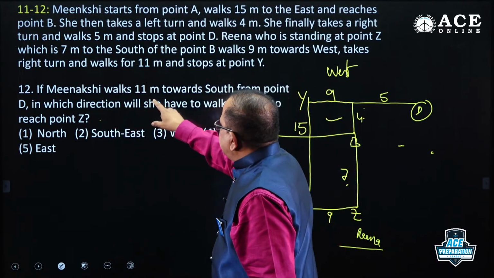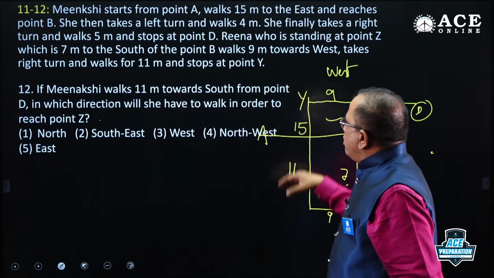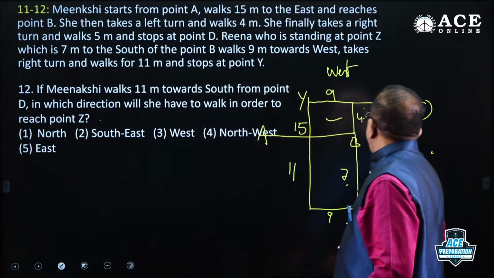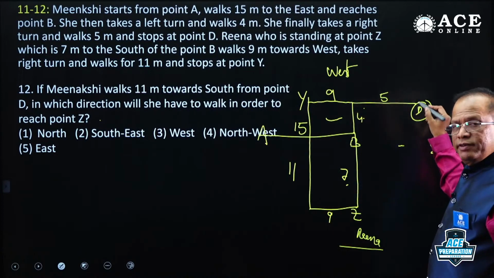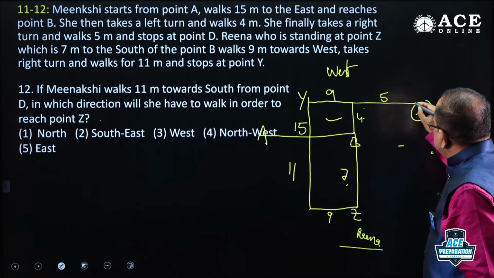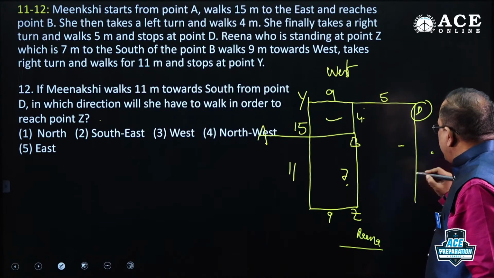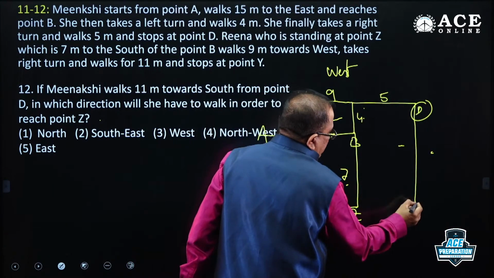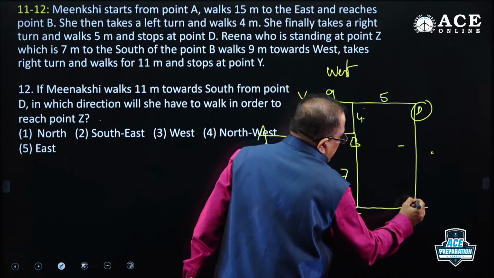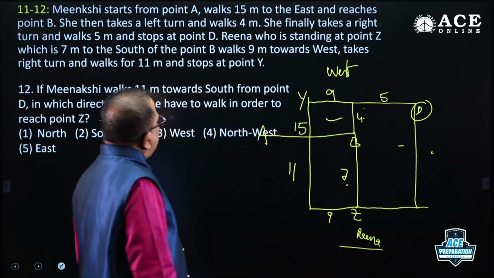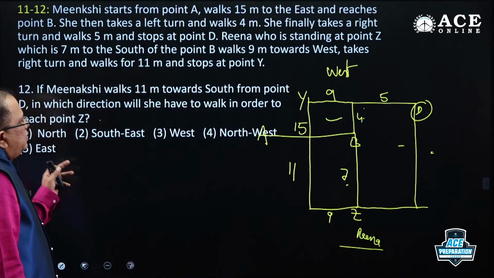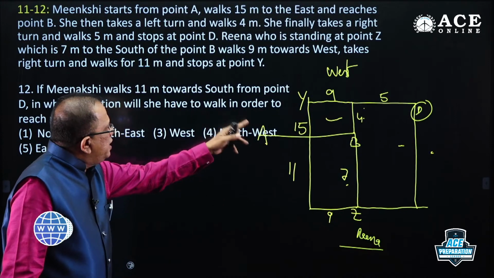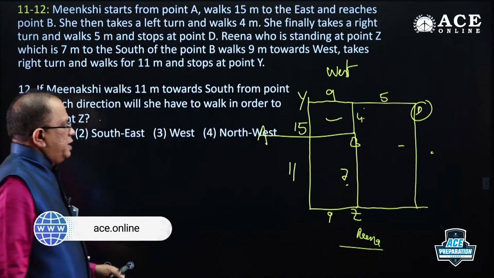If Meenakshi walks 11 meters towards south from point D, okay, this is the point D. If she walks 11 meters towards south, then she will come here, because from here to here it is 11, 7 plus 4, 11, so she will be on this line. Okay, fine. If she walks like this, then in which direction will she have to walk in order to reach point Z?